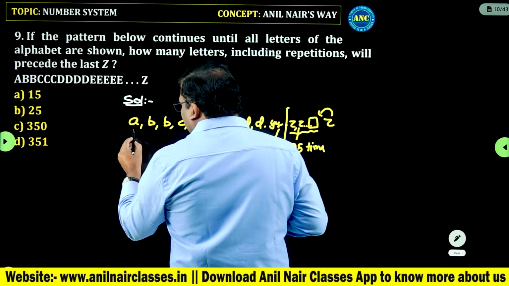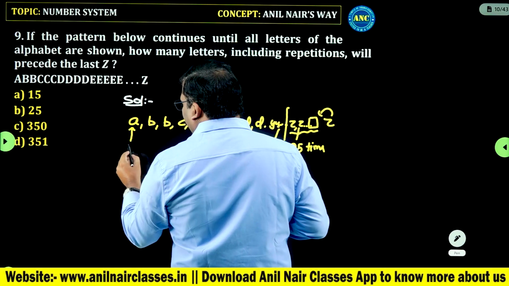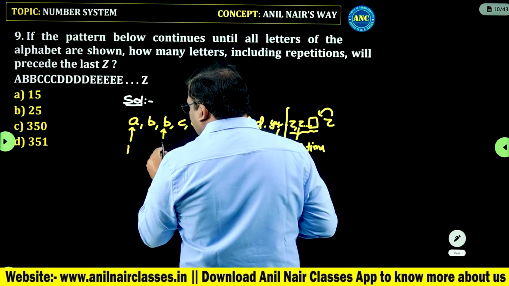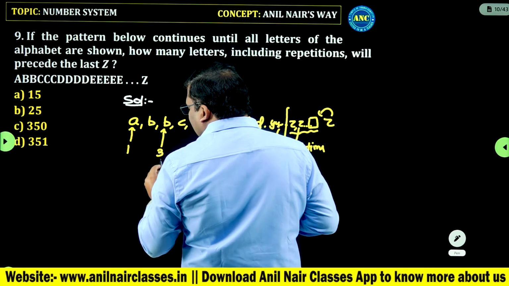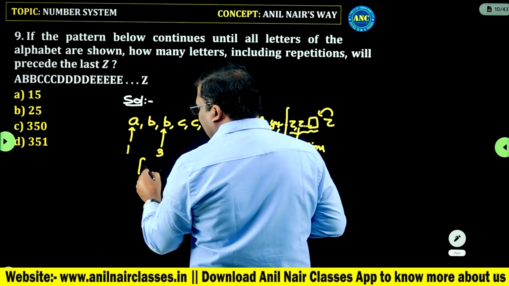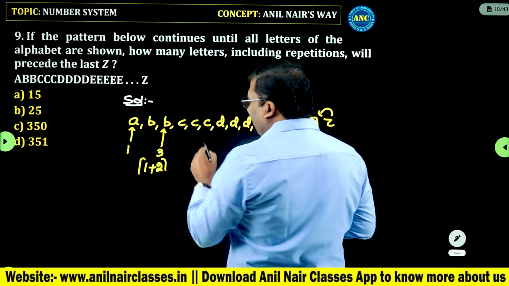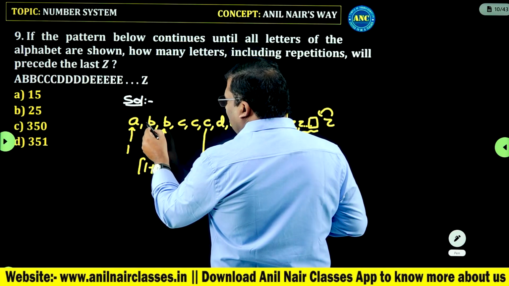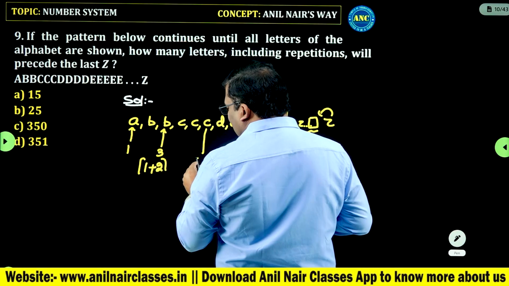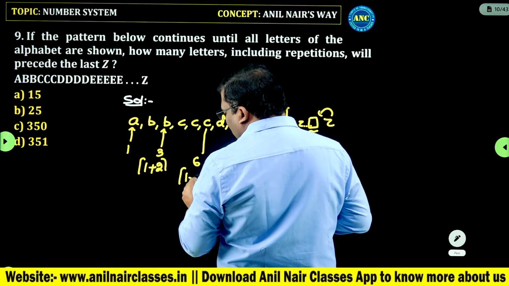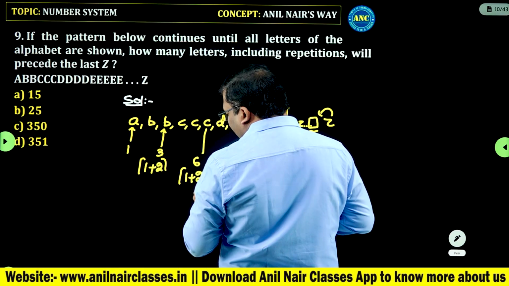Now, the first position is A at 1. B is ending at the third position, 1 plus 2. The third alphabet is ending at the sixth position, which is 1 plus 2 plus 3.